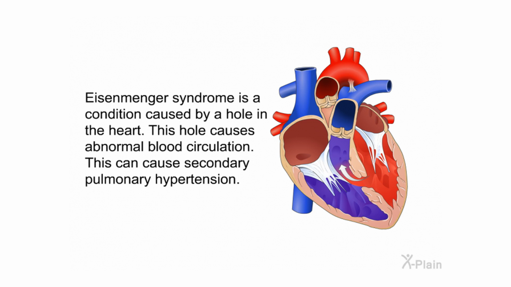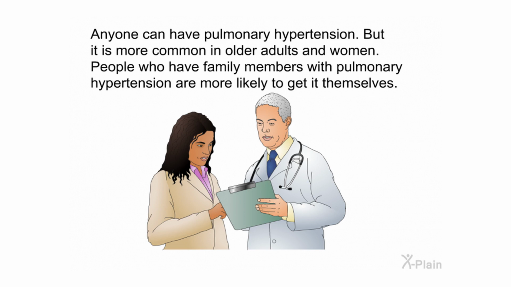Eisenmenger syndrome is a condition caused by a hole in the heart. This hole causes abnormal blood circulation. This can cause secondary pulmonary hypertension. Anyone can have pulmonary hypertension, but it is more common in older adults and women. People who have family members with pulmonary hypertension are more likely to get it themselves.